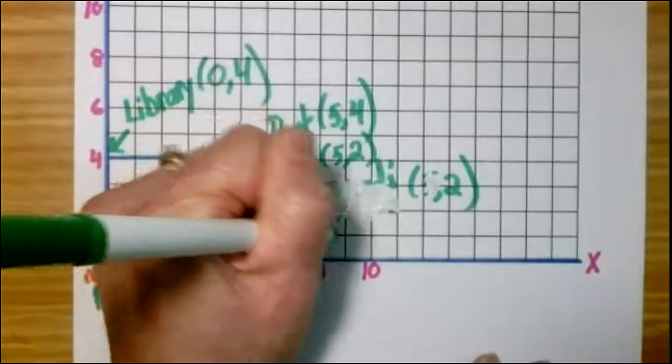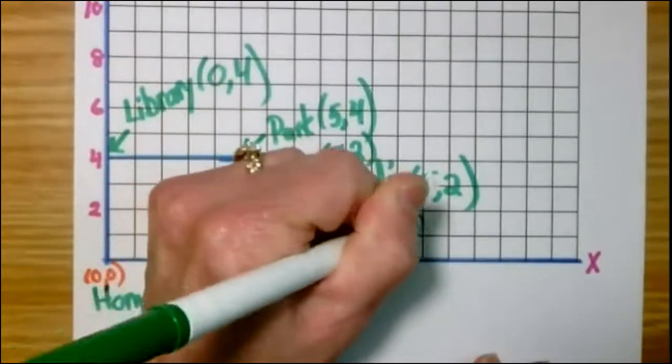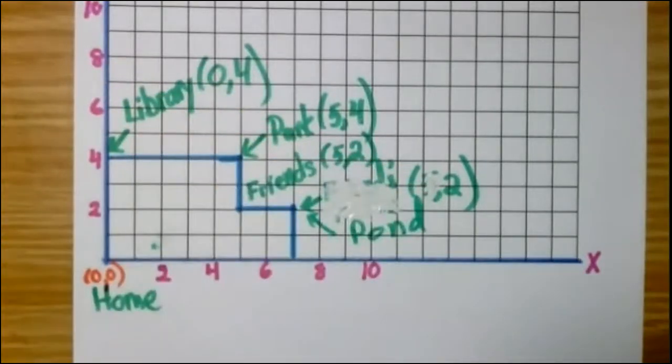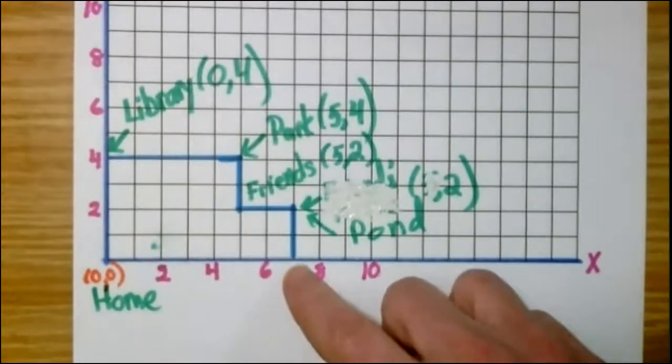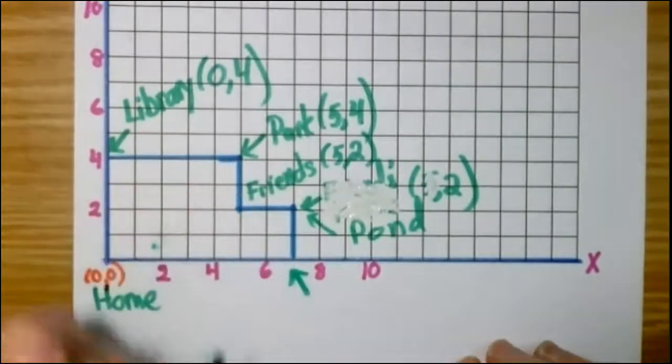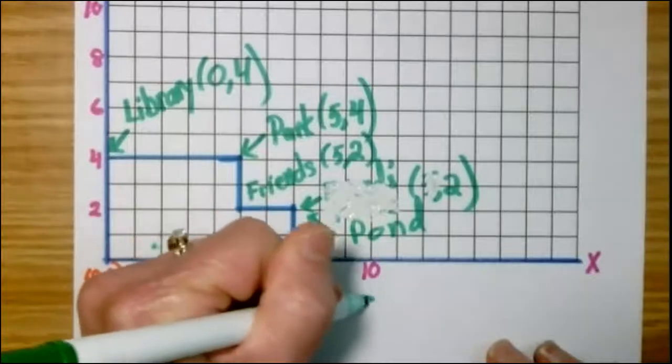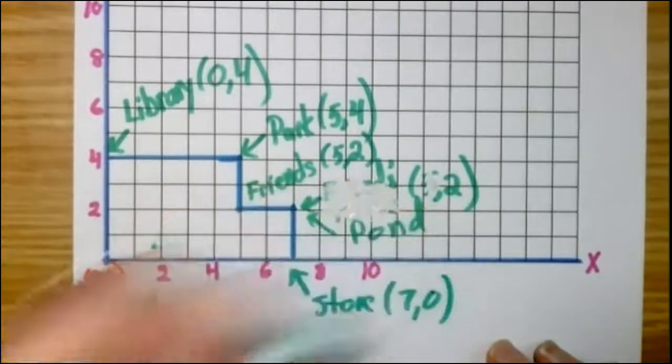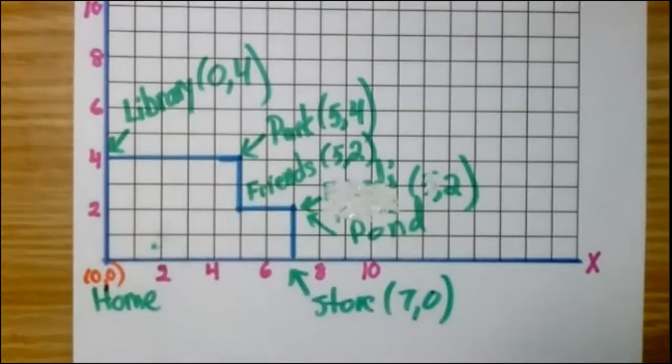I'm gonna come up this way and write pond there, because my stuff isn't drying. And then we have the store at 7, 0. That's our store. That's 7, 0. Okay, we have our map labeled.